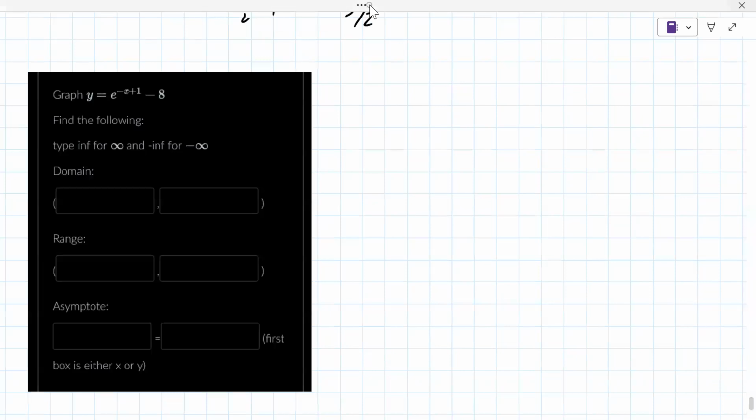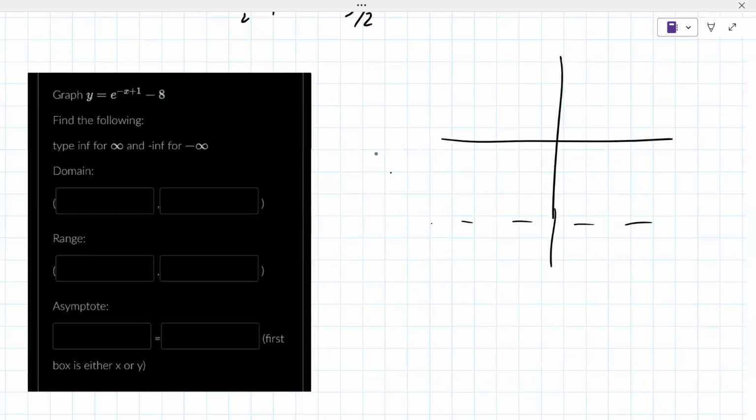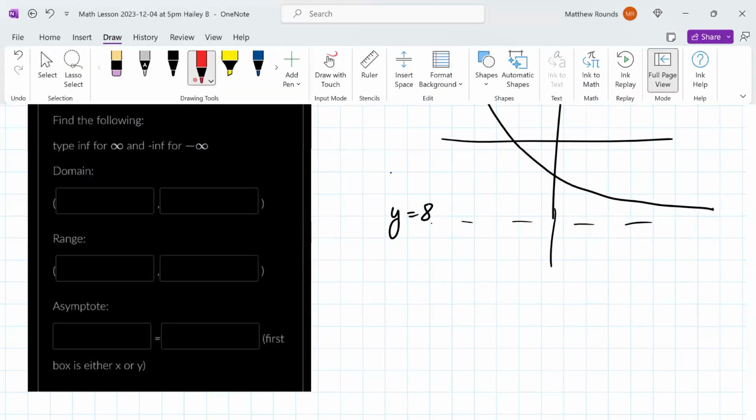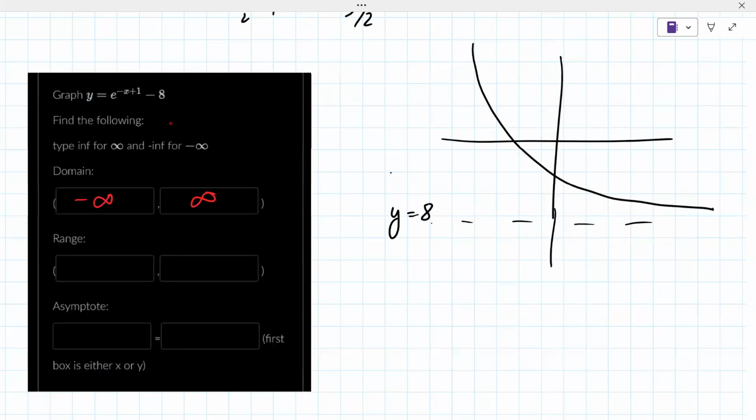Okay, so the graph of this, e to the minus x plus 1 minus 8, ends up looking like this. 0, 1. Okay, it's looking like that. This is y equals 8. So the domain of this is always minus infinity to infinity. The range is from the horizontal asymptote to positive infinity.